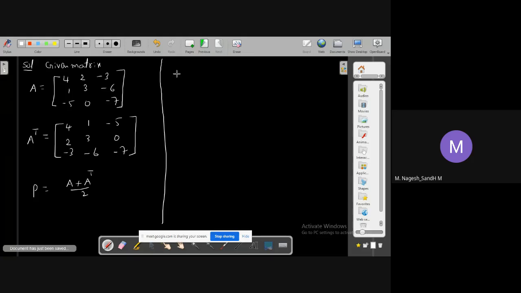So now 1 by 2 outside, into A plus A transpose. 1 by 2 into the A matrix, what is the A matrix? 4, 2, minus 3; 1, 3, minus 6; minus 5, 0, minus 7.